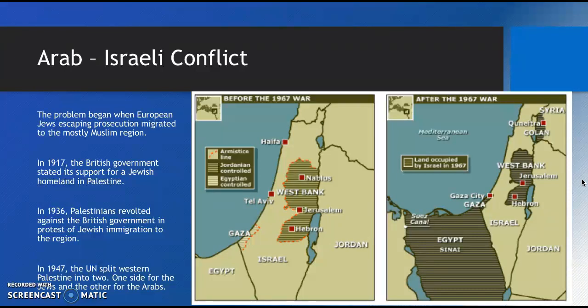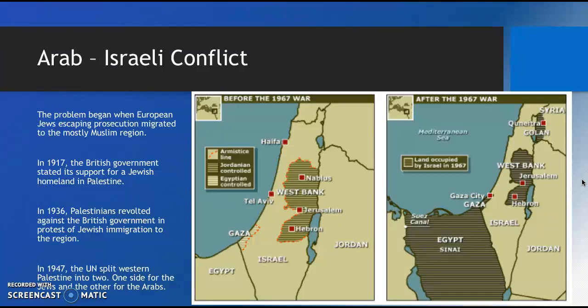Mainly because in 1917 the British government stated its support for a Jewish homeland in Palestine. So obviously this is going to confuse a lot of the Arabs that already resided in this area. They didn't understand why some of their land was being considered as a Jewish homeland. It was their homeland. They didn't understand why they had to share it.